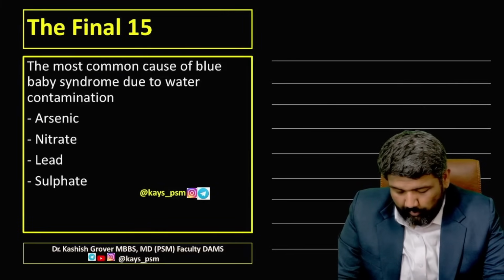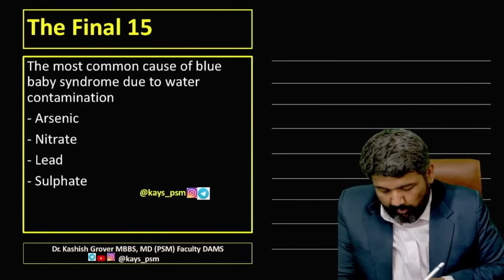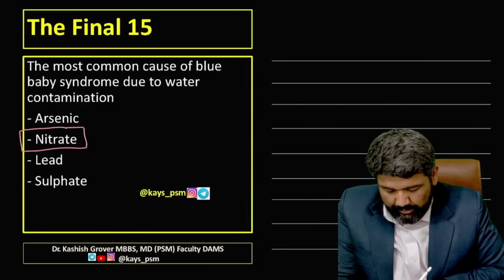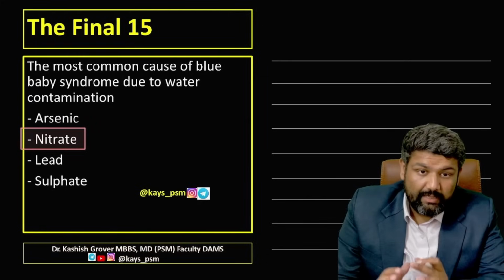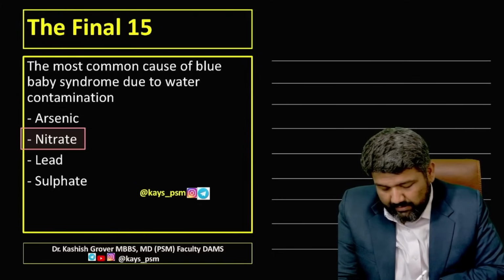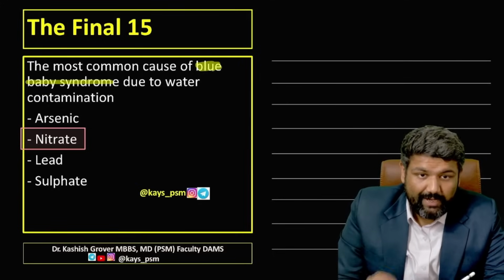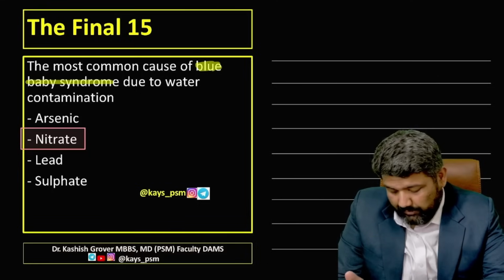What is the most common cause of blue baby syndrome due to water contamination? Because of nitrate contamination of water, when the nitrate levels in the water are very high, it causes blue baby syndrome. It is because of nitrate. This is a simple one-liner question.